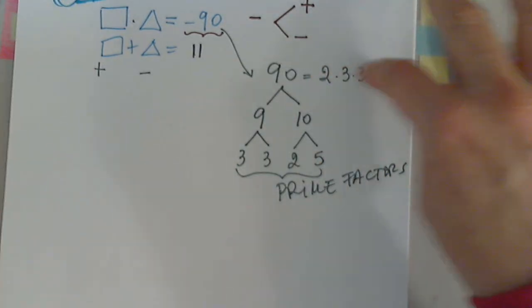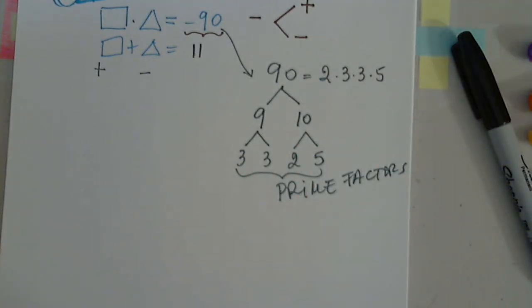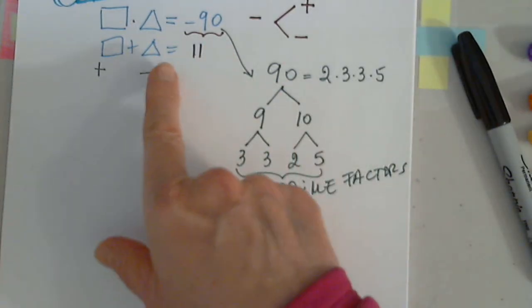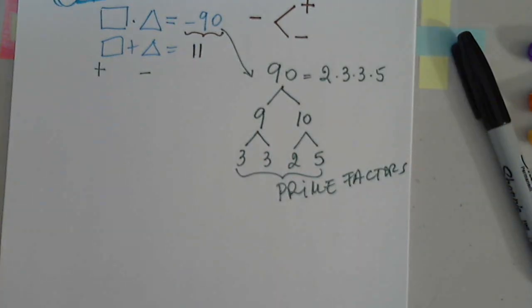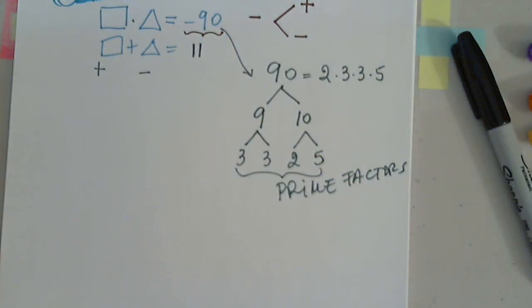But the reason I put them like this is that it's easier to come up with two numbers whose product will be negative 90, of course this number has to be negative, and whose sum is 11. If we can find two numbers whose product is negative 90 and whose sum is 11, then this is factorable; if not, then this is not factorable.